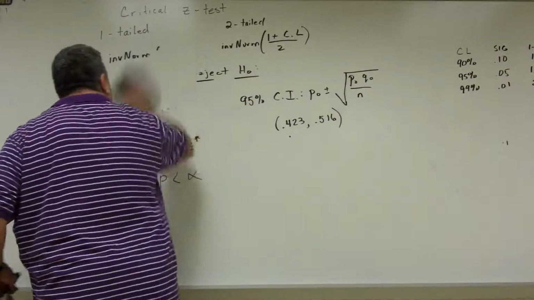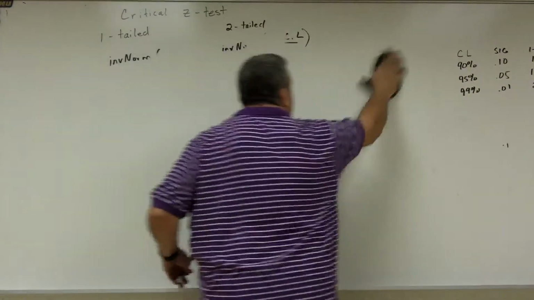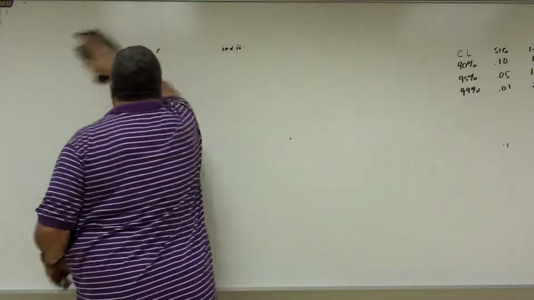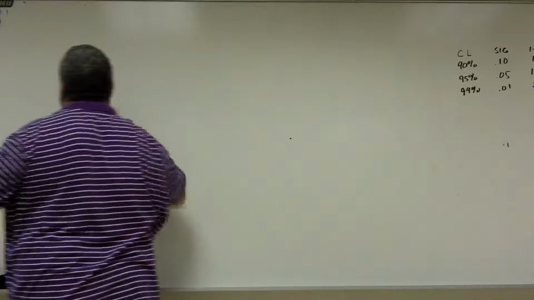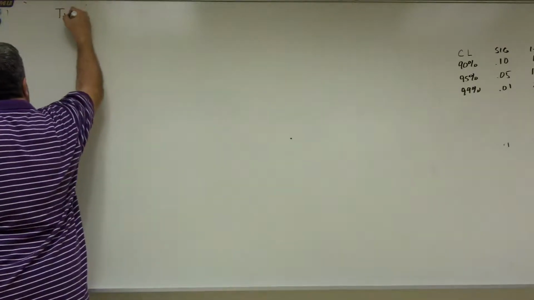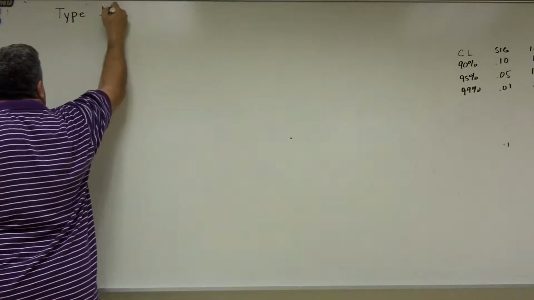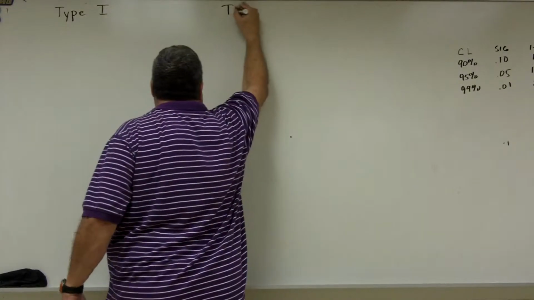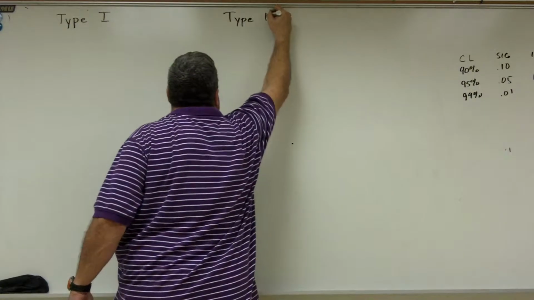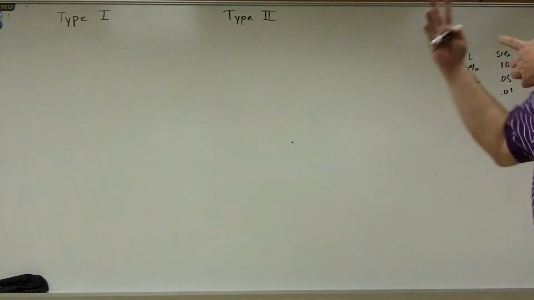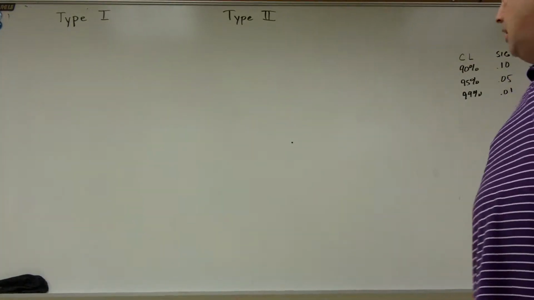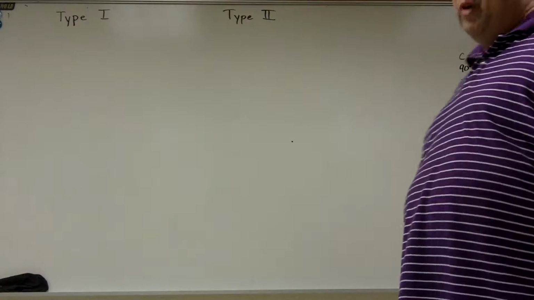All right, there are 2 types of errors you can make when you do this. There's type 1, there's type 2. Okay, just like diabetes, there's also 2 types of hypothesis test errors. All right, so type 1.